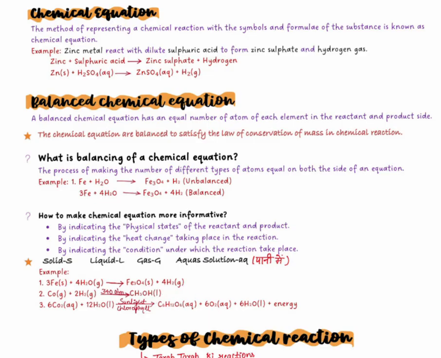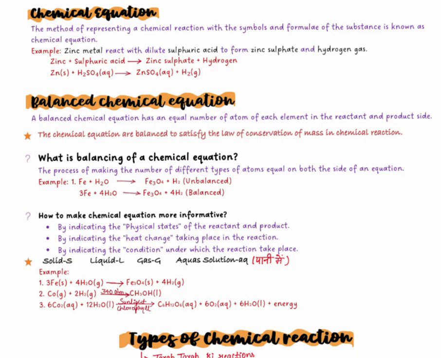Another thing, the second reaction: carbon monoxide reacts with hydrogen gas under the condition of 340 atmospheric pressure. This is written above the arrow as shown here, 340 atmosphere, to give methanol as a product.